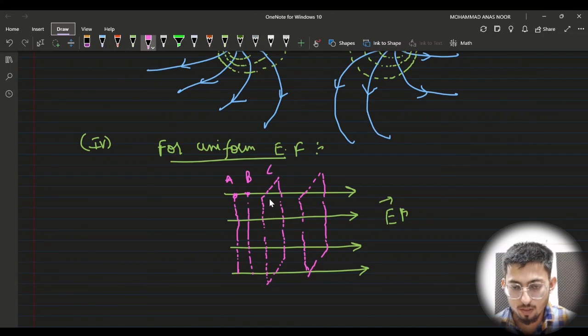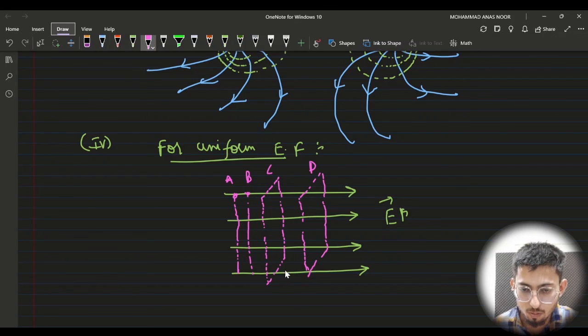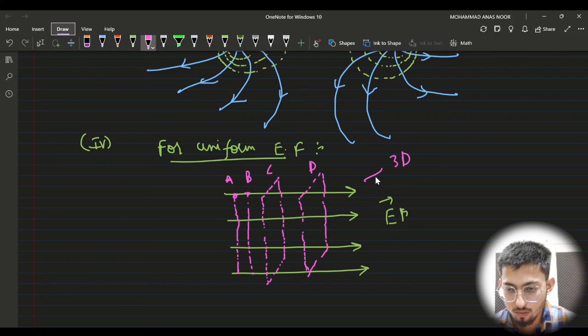This is C, this is D. From the top it looks like this, as A and B, but from the sides it's the whole plane inside, because this electric field is also going inside. This is in 3D. This is the equipotential surface.